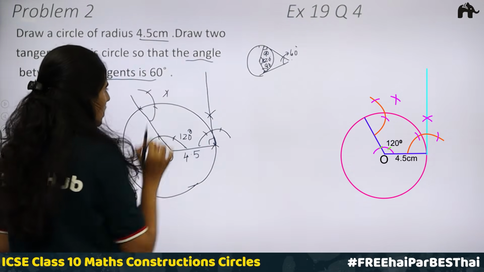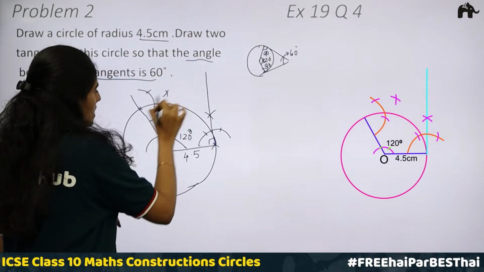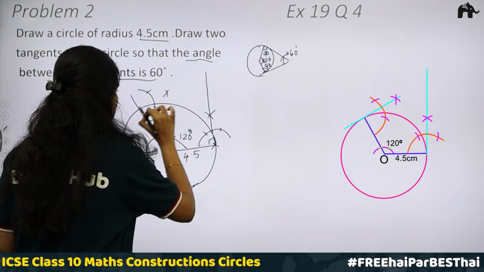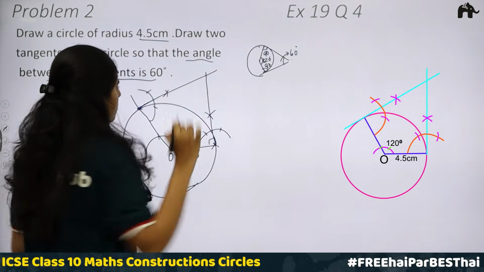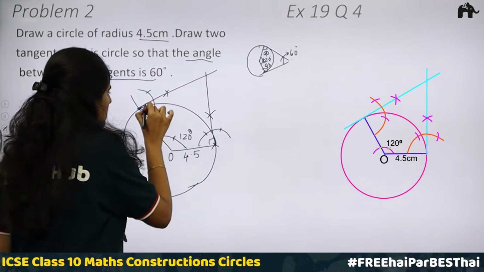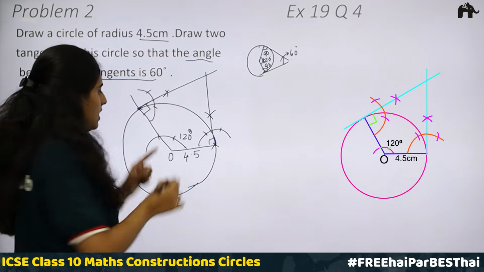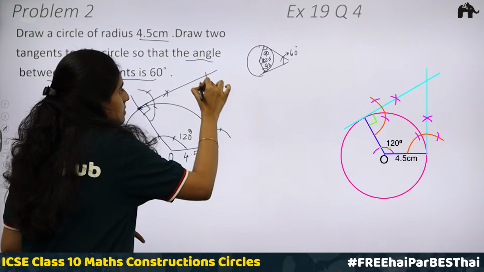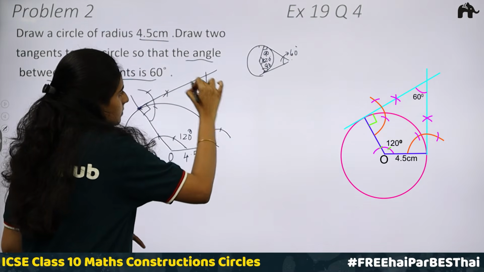So this is my point of intersection of both these arcs. So joining this, I will be getting a 90 degree angle. Okay, extend the line. So this angle is also 90 degrees. So we got 120 degrees, 90 degrees, 90 degrees, and then this measurement will be 60 degrees.